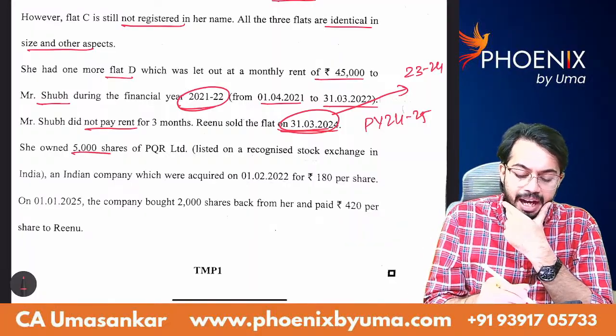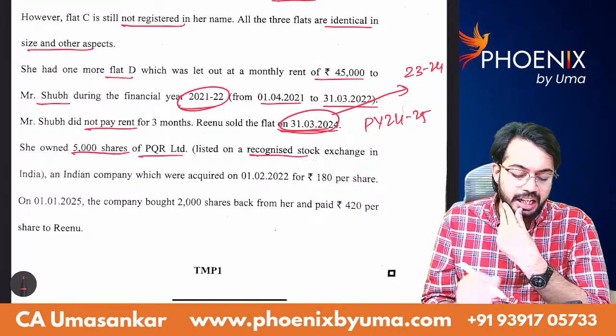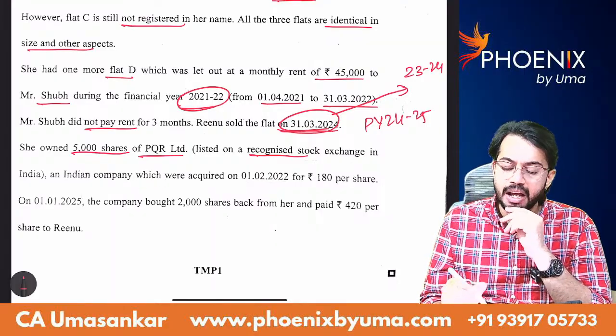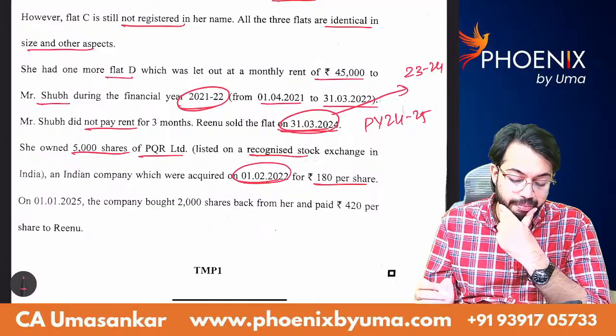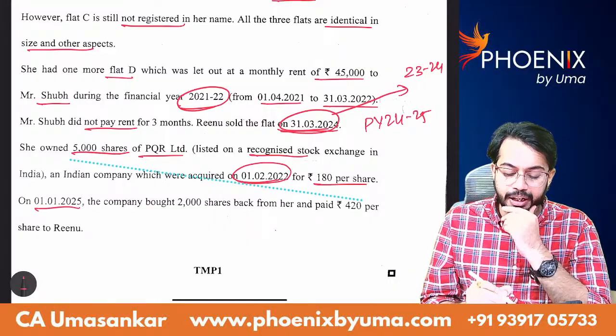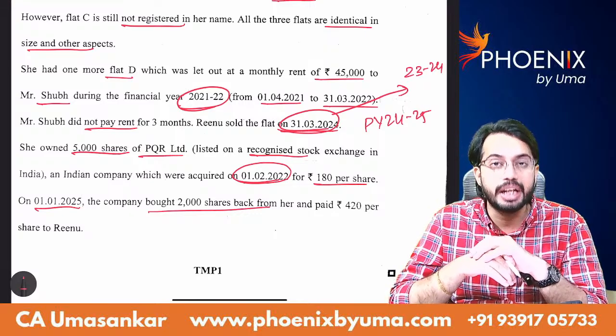She owned 5,000 shares of PQR Limited, an Indian company listed on a recognized stock exchange in India, which were acquired on 1st February 2022 for 180 per share. On 1st January 2022, the company bought back 2,000 shares. There is an amendment in Finance Act 2024.